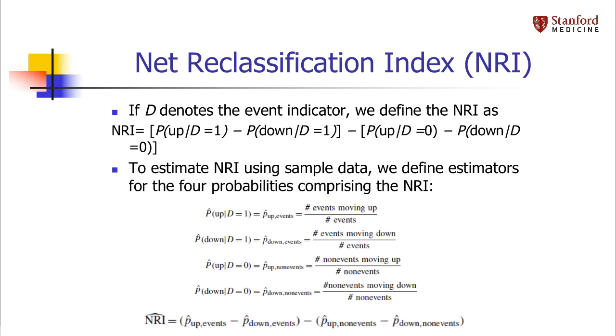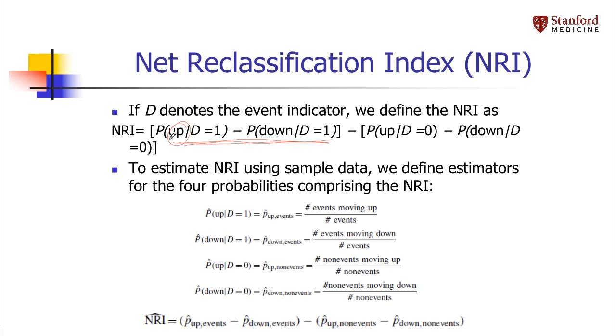The NRI focuses on either the people who have had events or don't. So you now know who went on to have events and who didn't. And what you're going to do is compare the old model to the new model. If the person actually went on to have an event, you're hoping that your new model would have given them a higher predicted probability than your old model. So you're hoping that they're going to go up in their risk strata. So if they were in risk strata 2, they're going to go up to risk strata 3, for example.